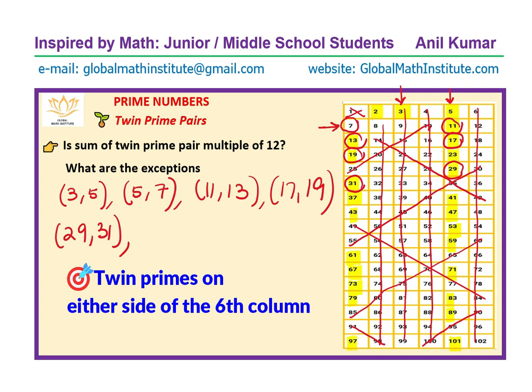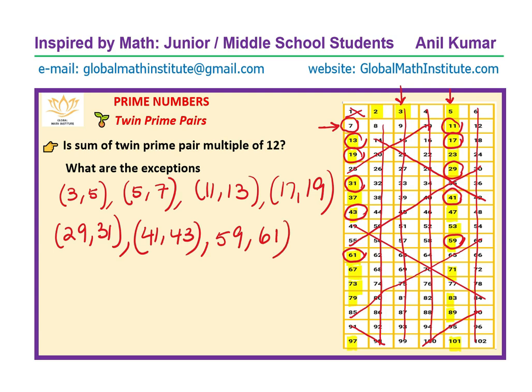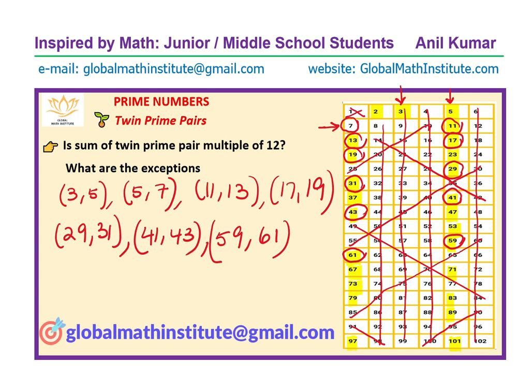Then we have 41 and 43. And after that, we get 59 and 61. Correct. And then we have 71 and 73.